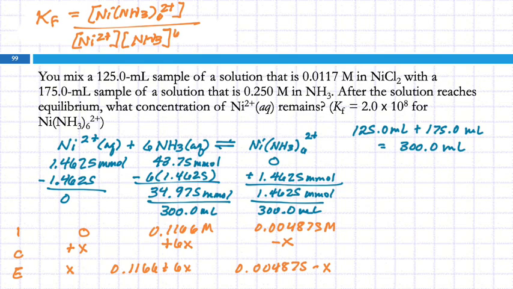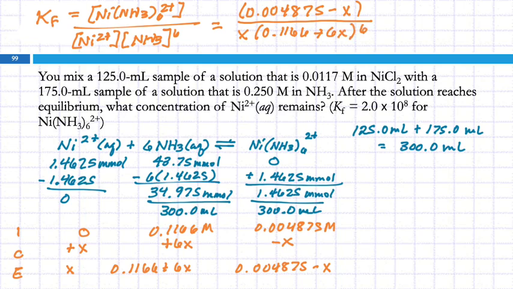That's important. So we've got 0.004875 minus x, and we've got x. We've got 0.1166 plus 6x to the 6th power.